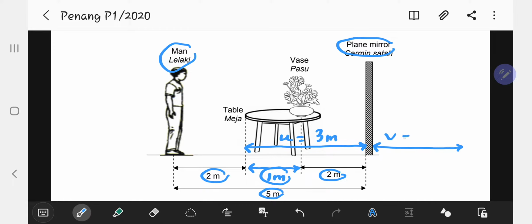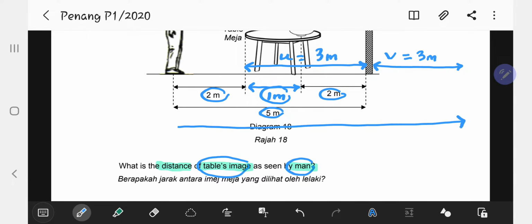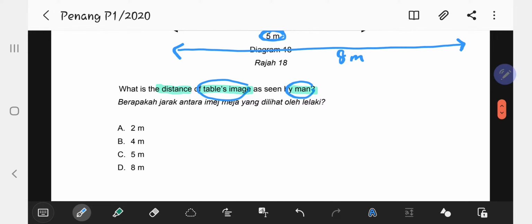So the image distance will also be 3 meter. But the question is asking about the distance between the table's image and the man, so it will be this distance. It will be 5 plus 3, which is 8 meter. So the answer is 8 meter.